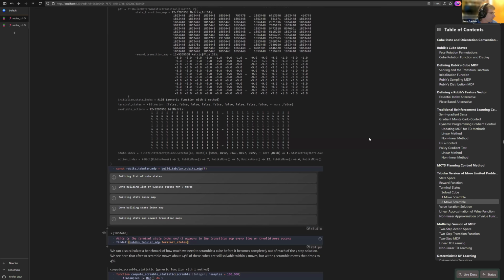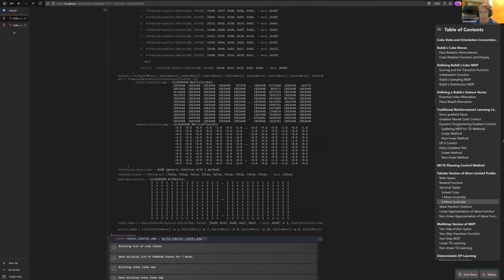So this is showing how from this state, all of these actions, except for this one, take you to the terminal state in a bad way, not the solved state, but where we're sort of making an illegal move in the context of this problem. And these all have a reward of -9. And then the one action that actually makes progress towards a solution gets a reward of -1.